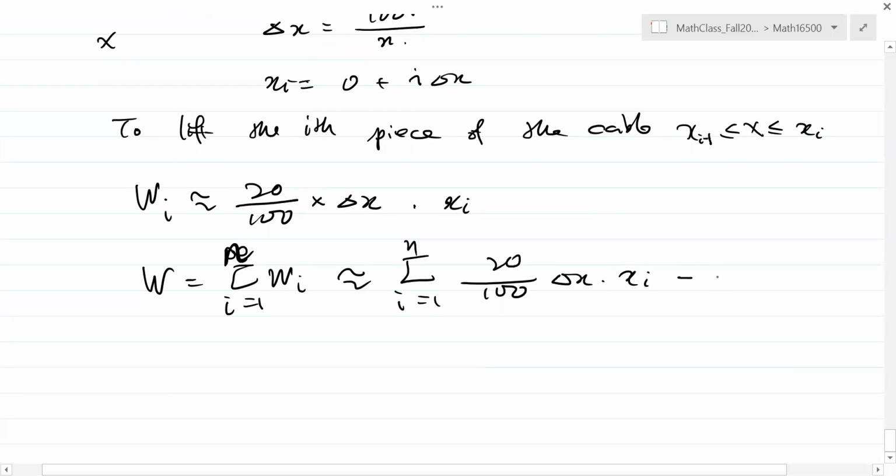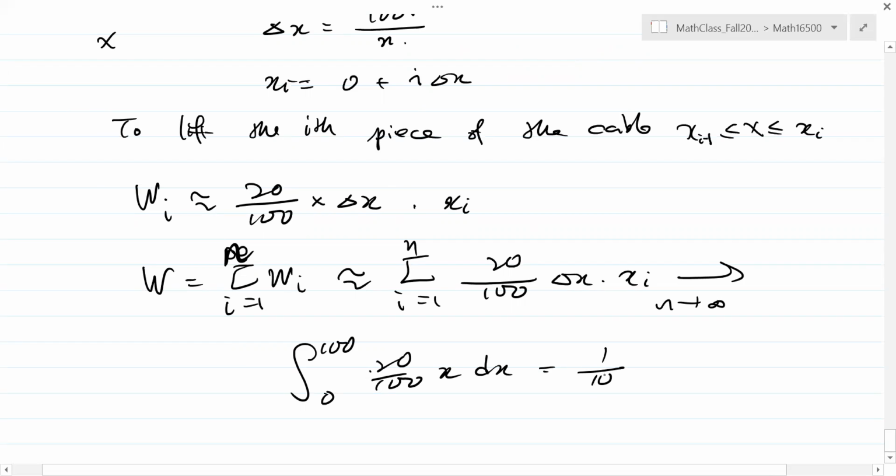So the limit, as n approaches infinity, is going to be the integral from 0 to 100, and delta x becomes dx, of 20 over 100 times x dx. That's it.